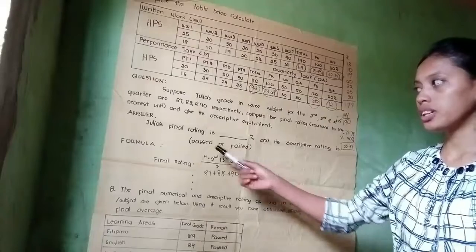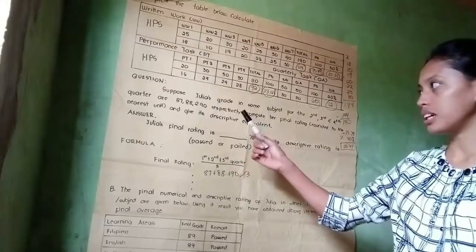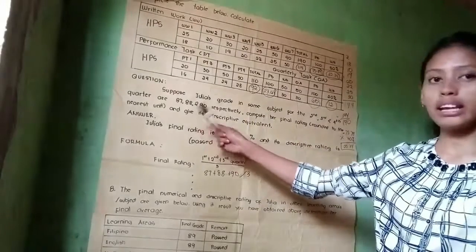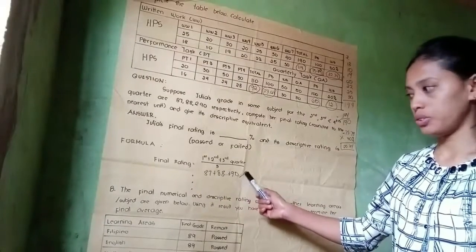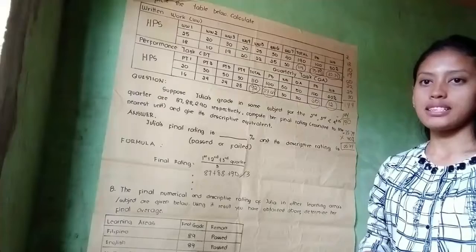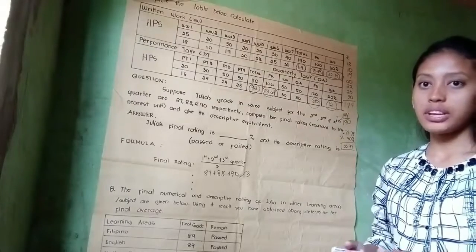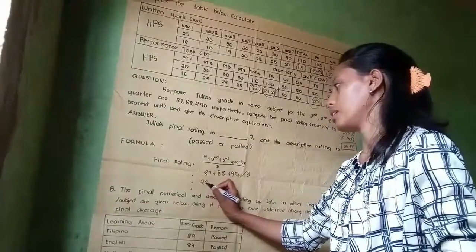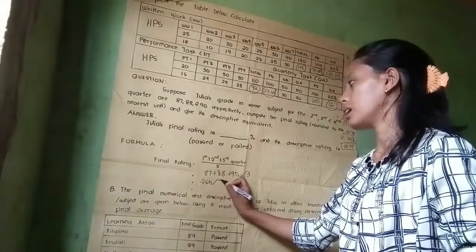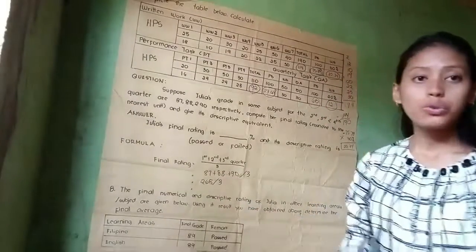To find Julia's final rating, we will add 87, 88, and 90, and divide by 3. So 87 plus 88 plus 90 is equal to 265. And we will divide by 3.